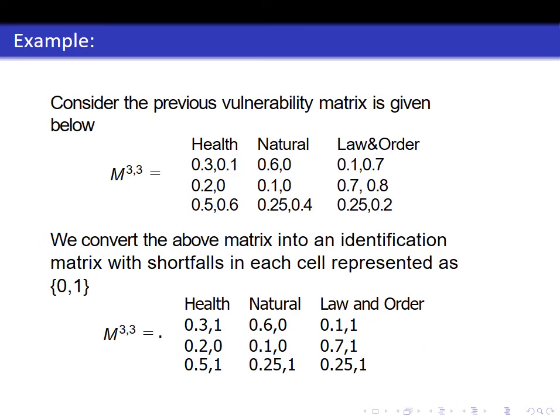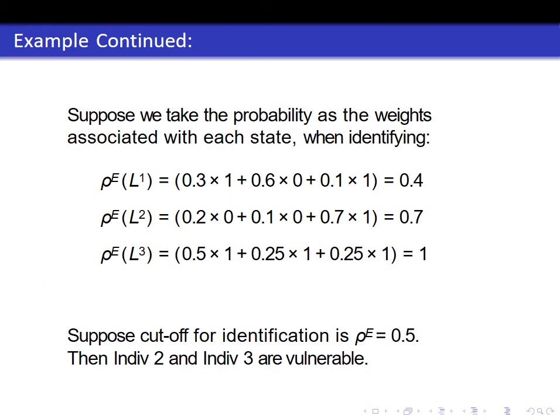To identify vulnerable individuals, we create an identification matrix where the second value of each cell is either 1 or 0, with 1 representing the positive shortfall in that state in the vulnerability matrix. Our vulnerability function rho E is the weighted sum of deprivation for each individual, where weights are the probabilities associated with each state and the deprivation is the 0, 1 value we get from the identification matrix.